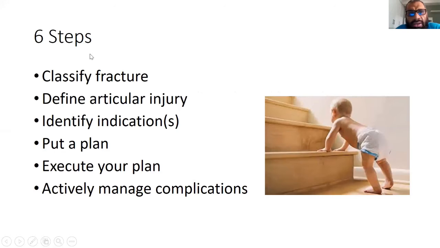Okay, we will go again and revise these 6 steps for good management of acetabular fractures. We already did the classification, and I hope you enjoyed it. And we already did the 2 parts of definition of the articular surface injury and identification of the indications for surgical or non-surgical treatment in the decision-making lecture.